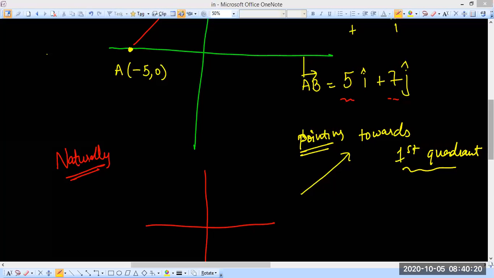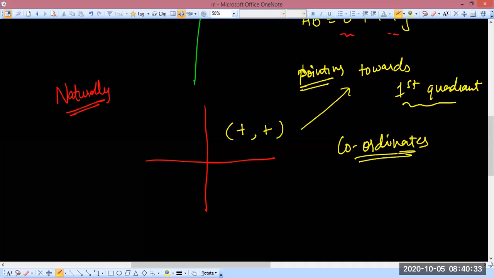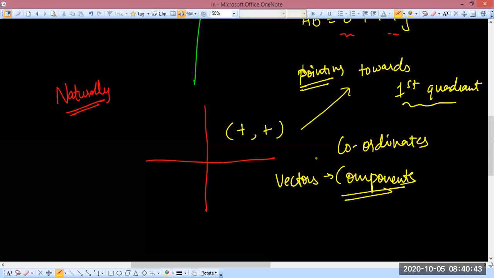I hope you all remember that you have been taught in perhaps 9th or 10th that in the first quadrant both are positive. Both, meaning back then they were coordinates. I hope you remember that, right? But now they are not coordinates, they are components. When we talk about vectors, they have components, not coordinates.